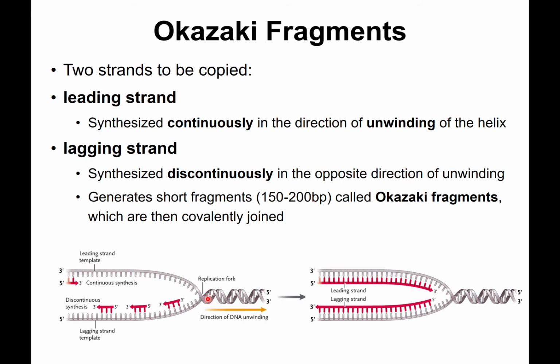And so what it means is that while the replication fork keeps opening up, you need more primers to be formed. So this strand cannot be copied continuously, but can be copied discontinuously, producing a series of fragments called Okazaki fragments, which have DNA and RNA.